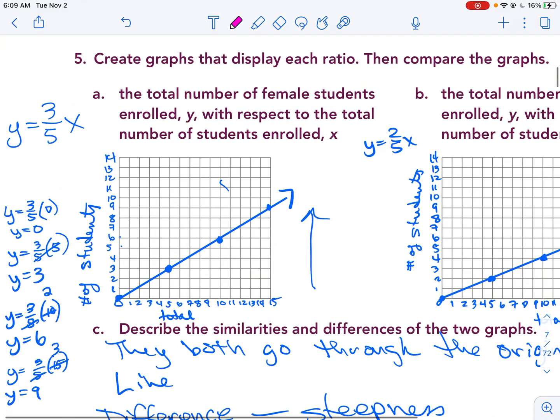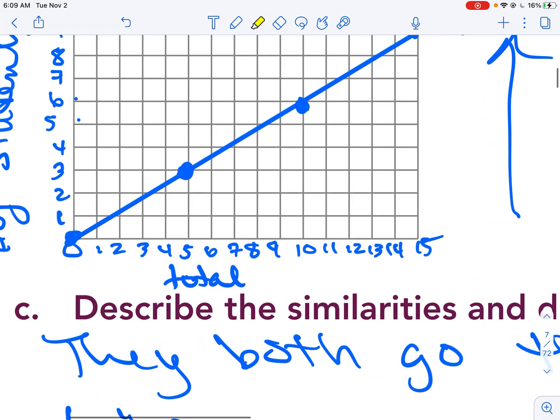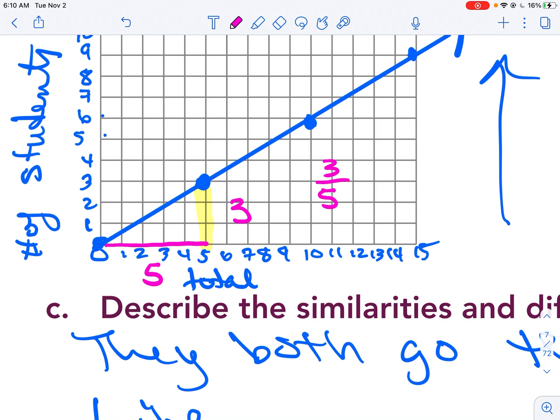Oh, we have to do it here too. So if I was going to see this right here, it's y over x. So how tall was this? It was 3 tall. How far over did it go? It went over 5. So my constant of proportionality is 3 over 5.